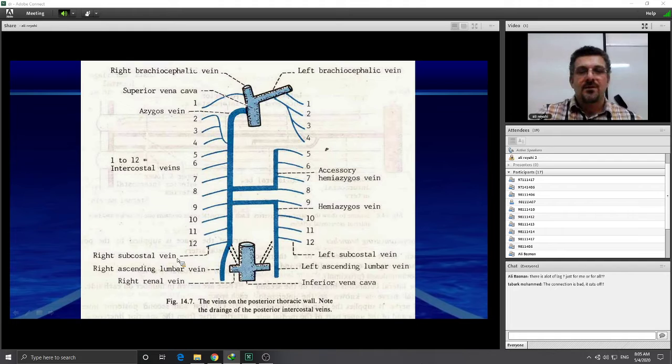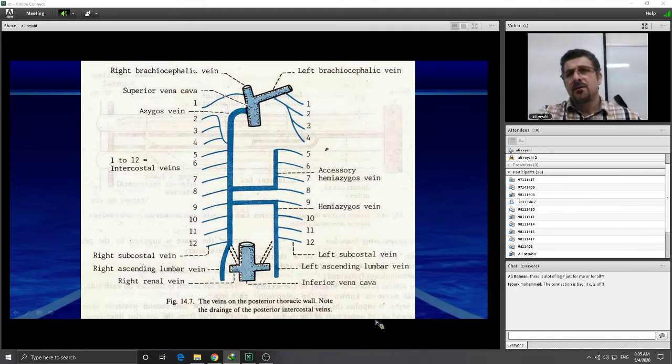The subcostal vein joins the ascending lumbar vein on each side, and on the right side, the azygous vein is formed.